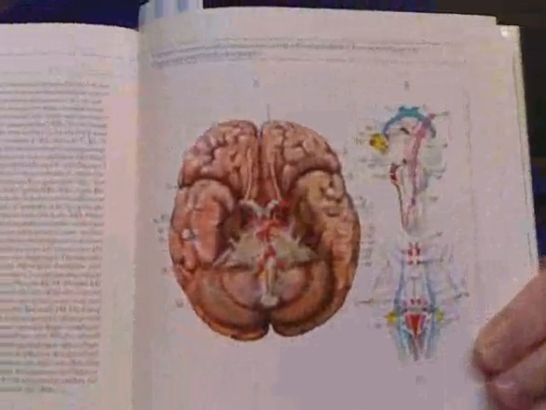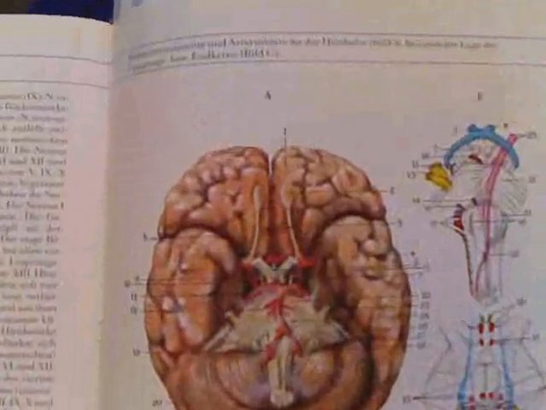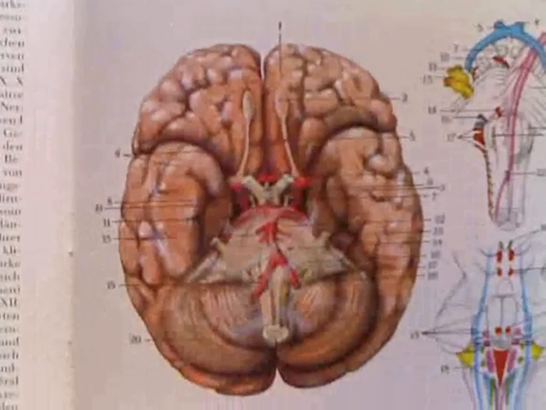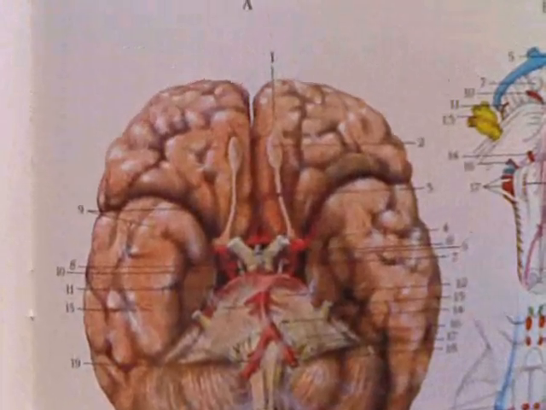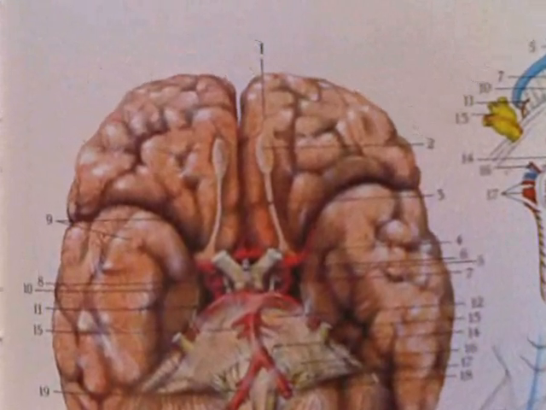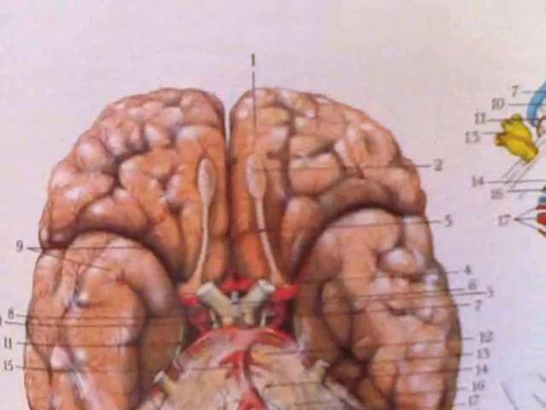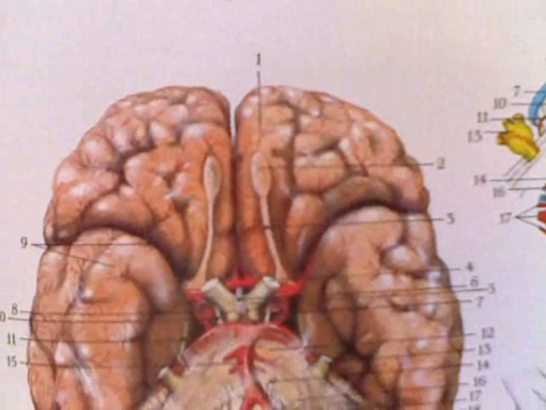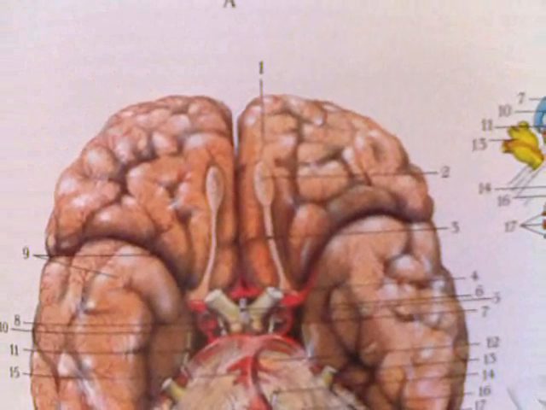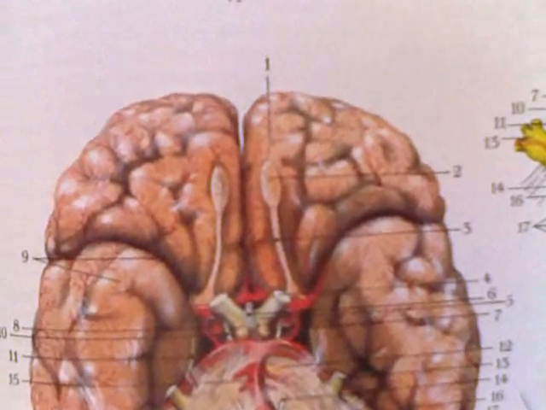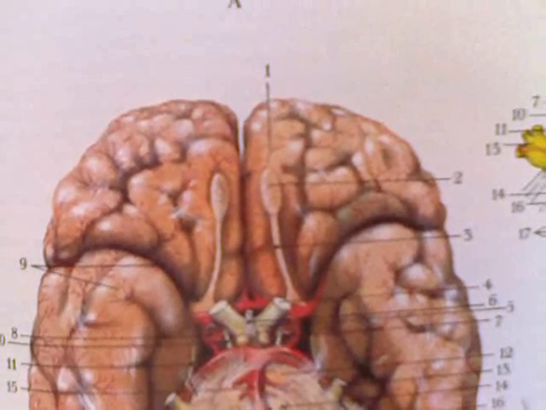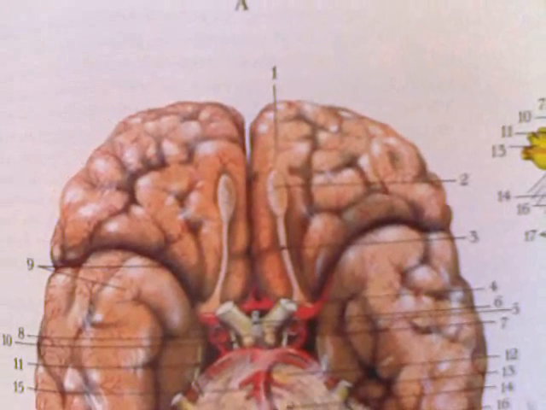They did a great job. So here we have the base of the brain, and if you look closely at the front, I'll focus in on it right there, you will see the opening of the internal carotid artery, and that is the start of the blood circulation of the brain.